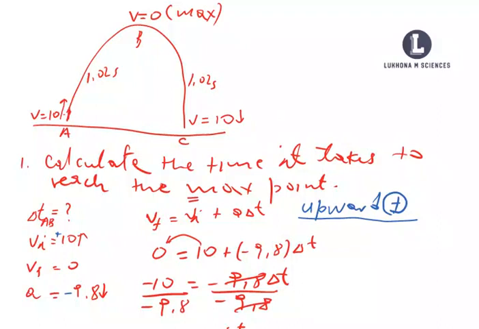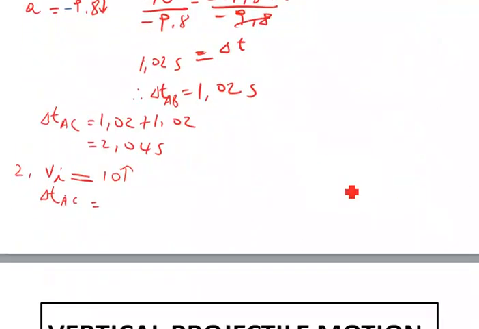Okay, so let's go. The data will be like, we have the final velocity, which is 10 also but downwards. Then we have acceleration due to gravity, which is 9.8 downwards. Then we choose the direction.